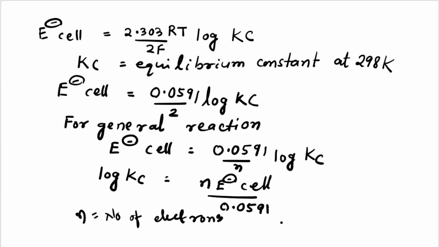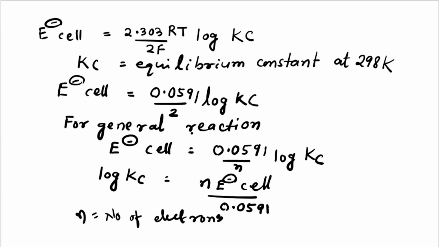What is Kc? Equilibrium constant. What is the temperature? 298 Kelvin. And F means the Faraday value, that is 96500 Coulomb, and temperature 298 already told. So if we put all the values except the number of electrons, then E0 cell, the standard electrode potential, equals 0.0591 divided by 2 log Kc. That means it is clear.